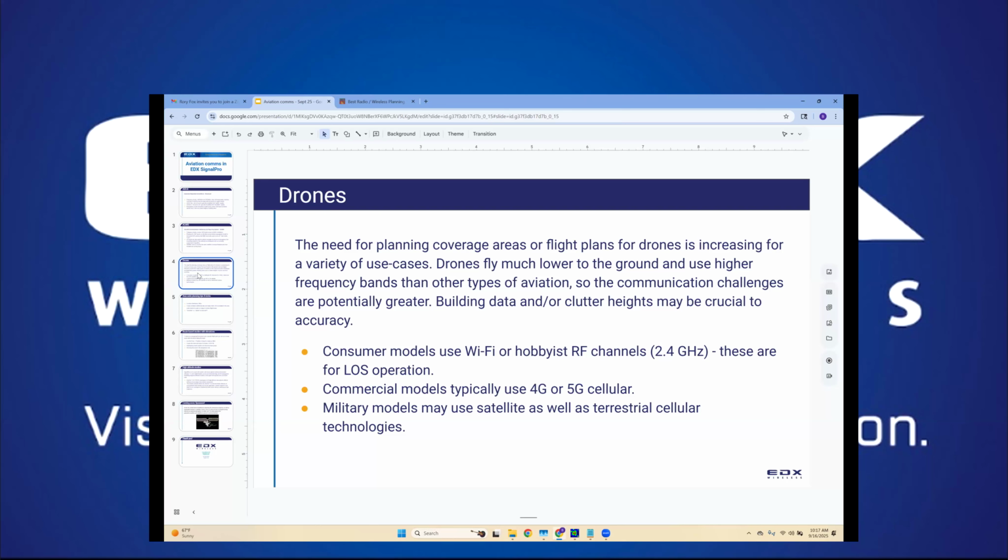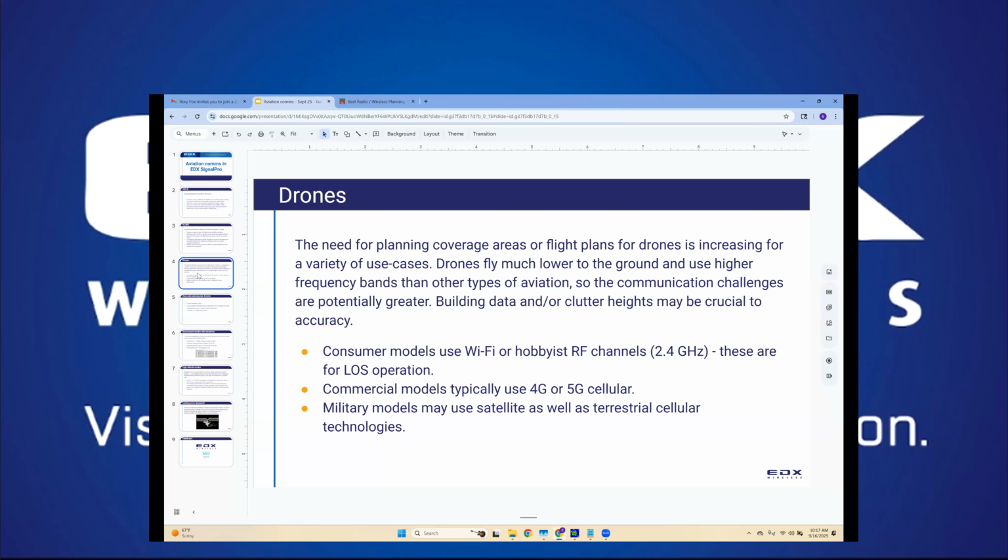And so coming back to drones, this is again quite different from traditional sort of high altitude passenger aviation or military and government aviation planning. There's other frequency bands, other technologies in use.